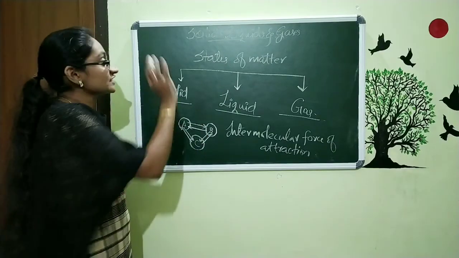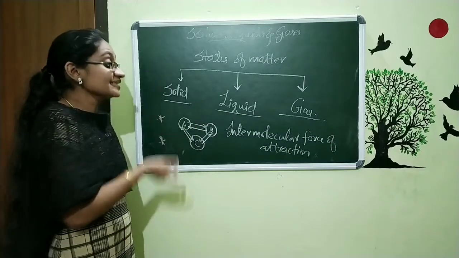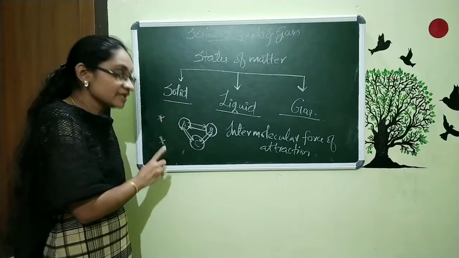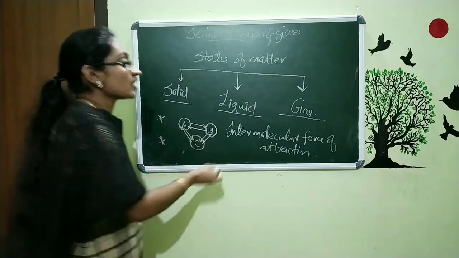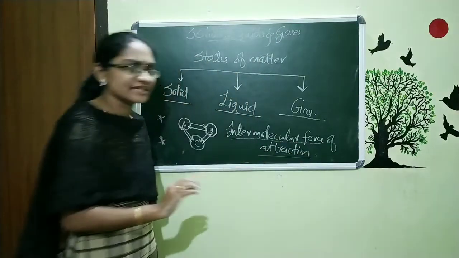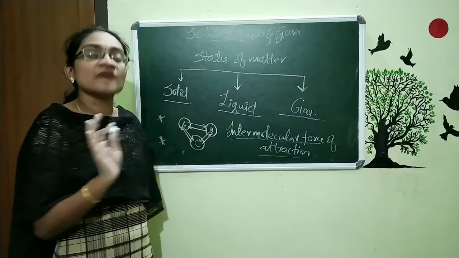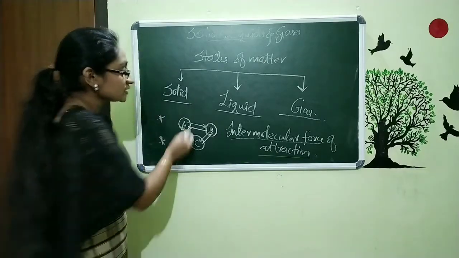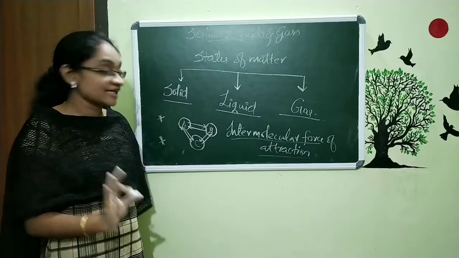Within matter there are a number of molecules present, and these molecules have some attractive force, and that is called what? Intermolecular force of attraction, or simply intermolecular attraction, or the force of attraction between these molecules. All types of molecules have certain attraction.